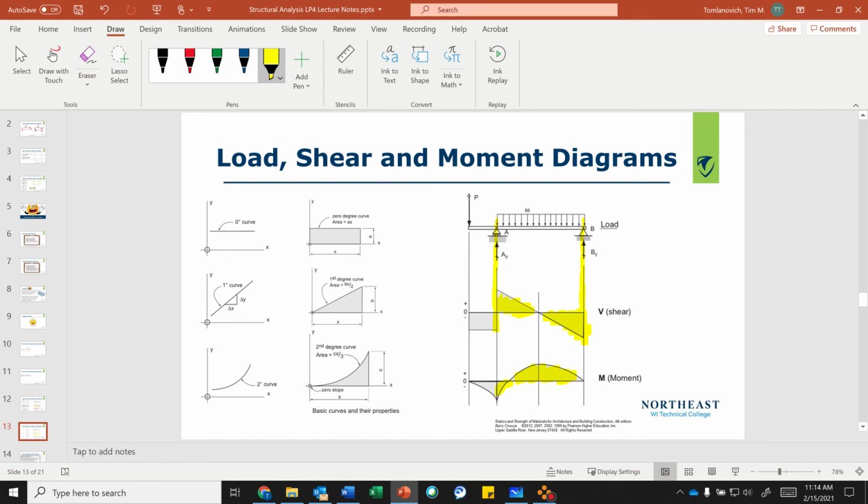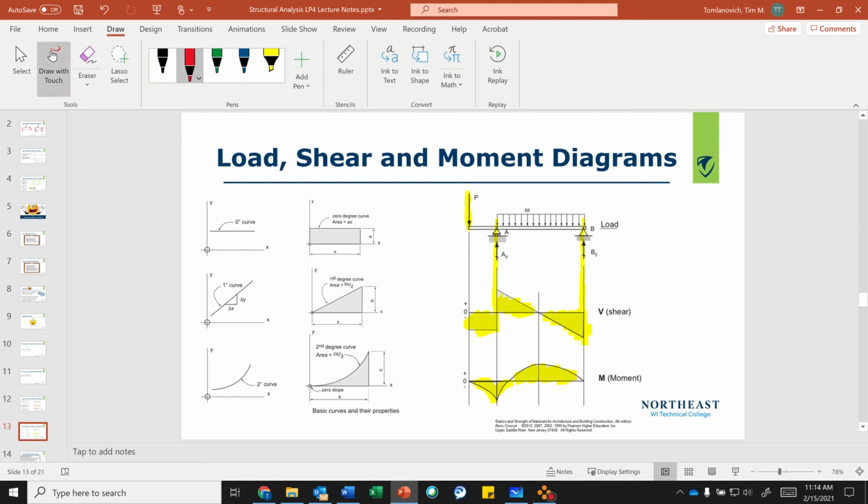If I look at a point load, it's not a 0-degree curve. It's nothing. So if I go from a point load down to my shear, I go from nothing to a 0-degree to a 1-degree. So this was 1-degree, 2-degree, as you can look.